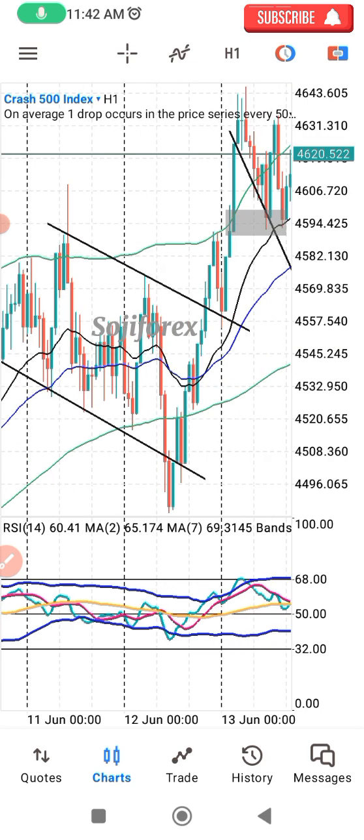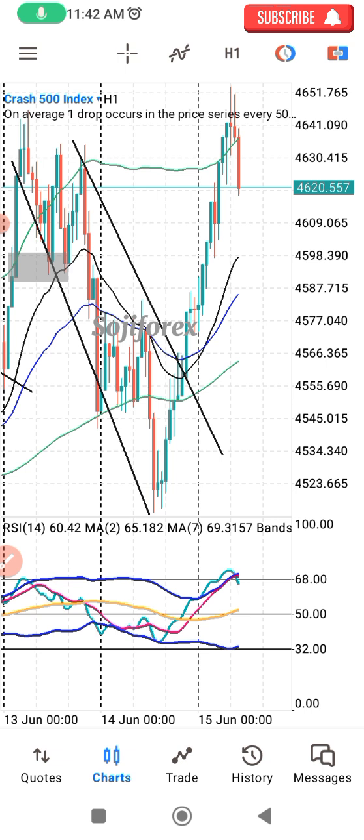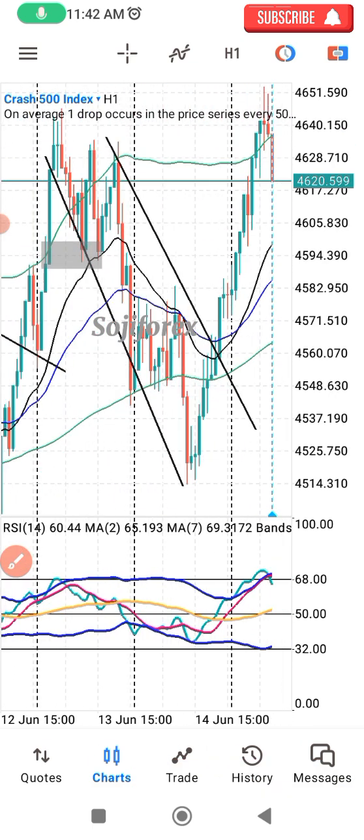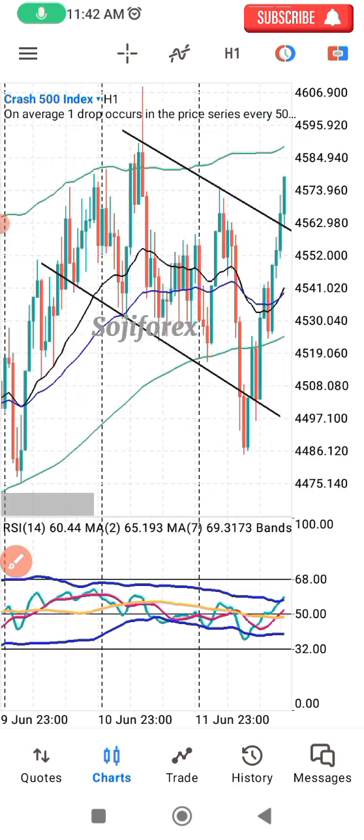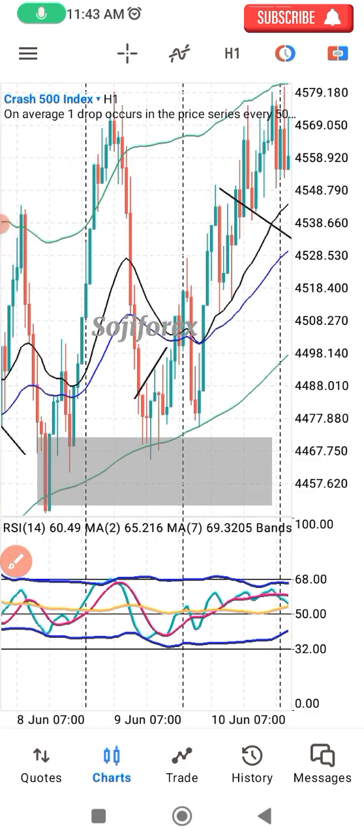Now this is Crash 500, right? Look at it. You see how it plays out. We have this one too, and it is playing out. You can find it on M15, M30, even on H4.